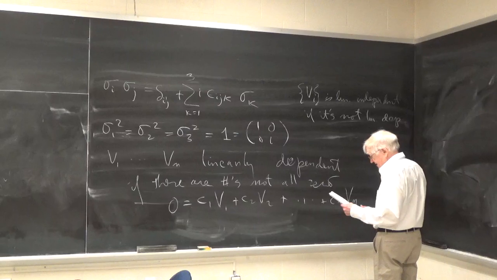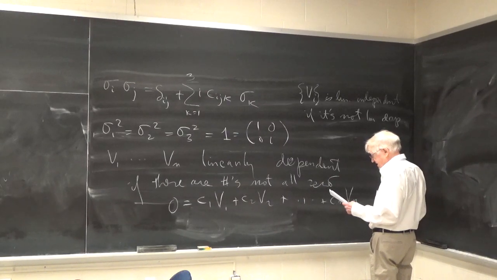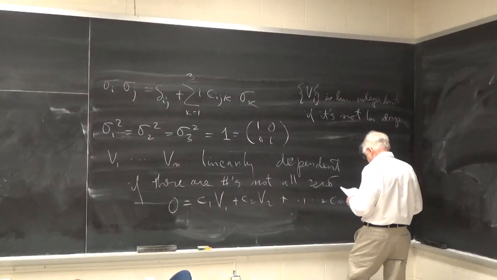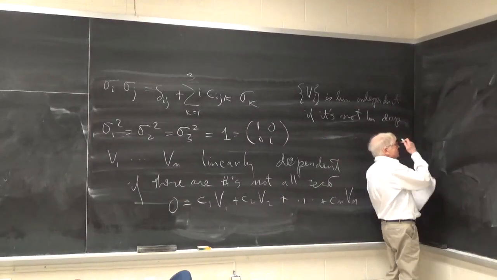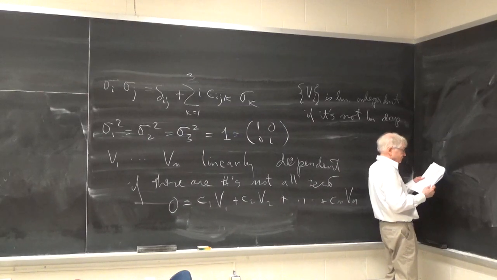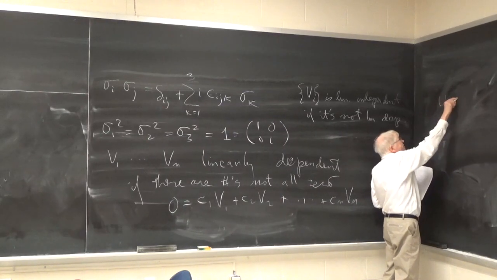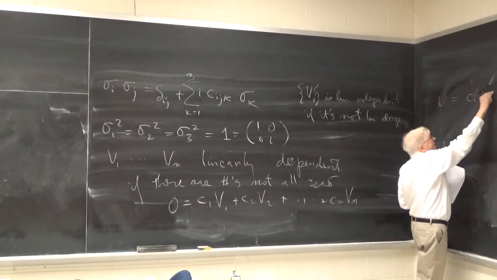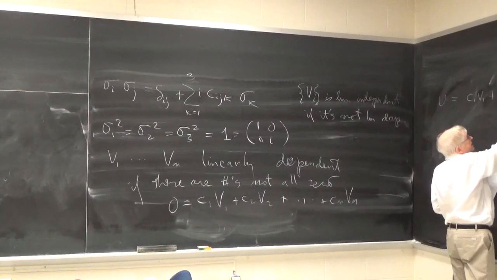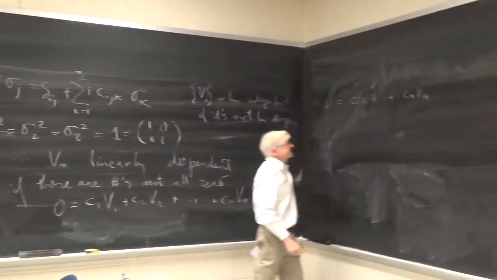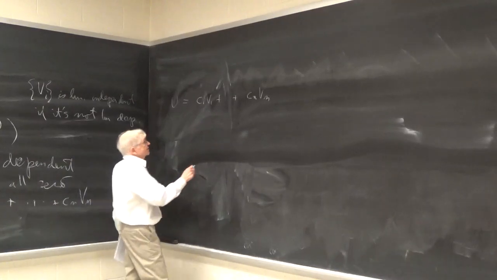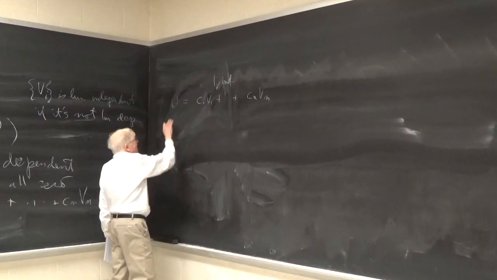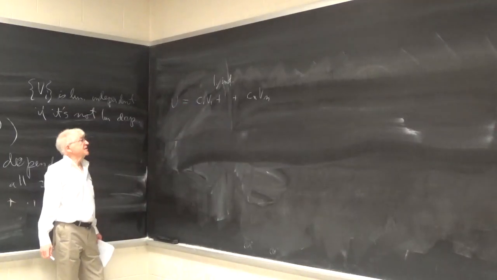If you have a set of vectors that's linearly independent, then it spans the space, that is to say, you can write any vector u as c_1 v_1 plus and so on. If the v's are linearly independent, then you can write any vector in the space this way.